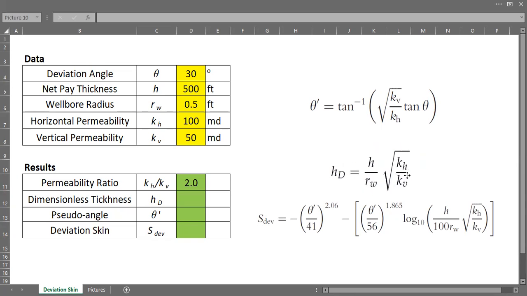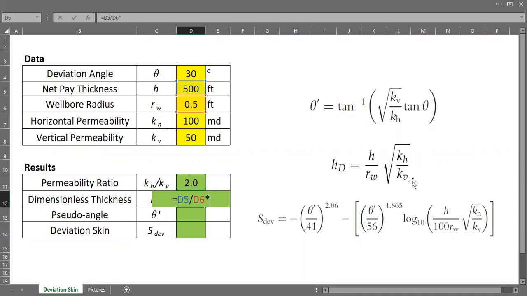We will use this formula. So HD, or dimensionless thickness, is H of 500 divided by wellbore radius 0.5, multiplied by the square root of the permeability ratio. In this formula, the permeability ratio is KH by KV.